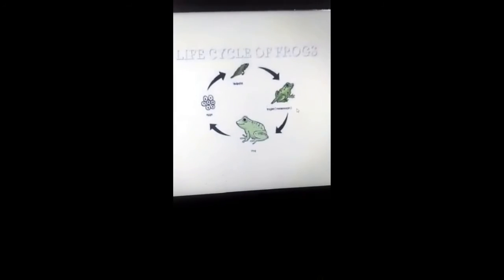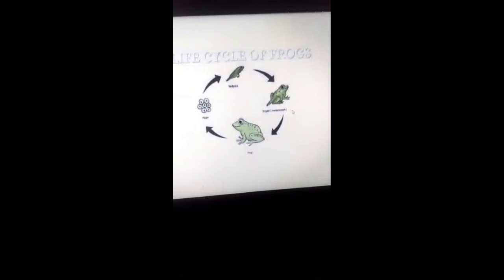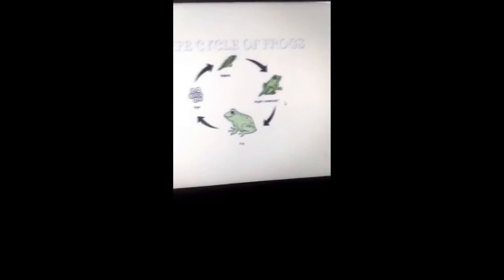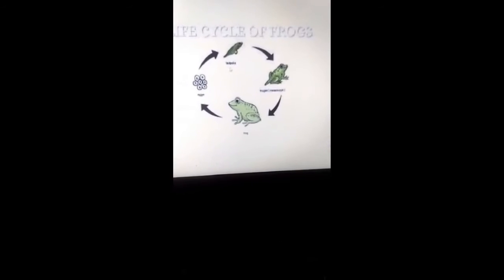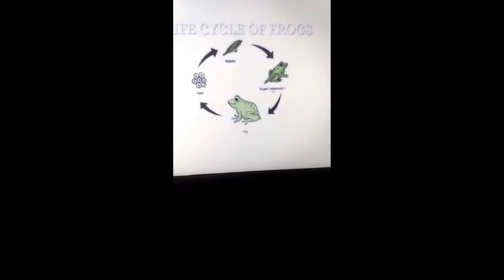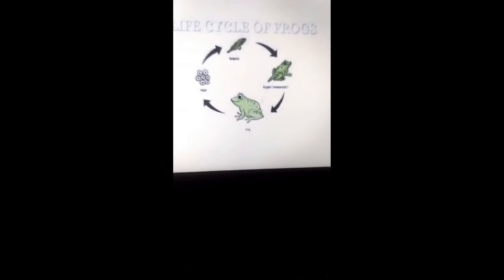Okay, so let me show you a picture of their life cycle. See, here is a frog. The frog lays its eggs and then it becomes a tadpole. Tadpole to what? A young frog and then an adult frog.